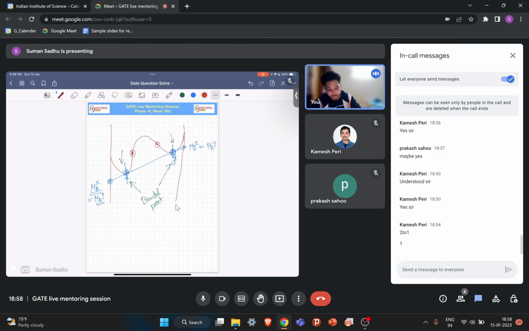At these two points, del square G by del x square is equal to 0. So these two points are called spinodal points. Right. So now you understood when miscibility occurs and under which condition.